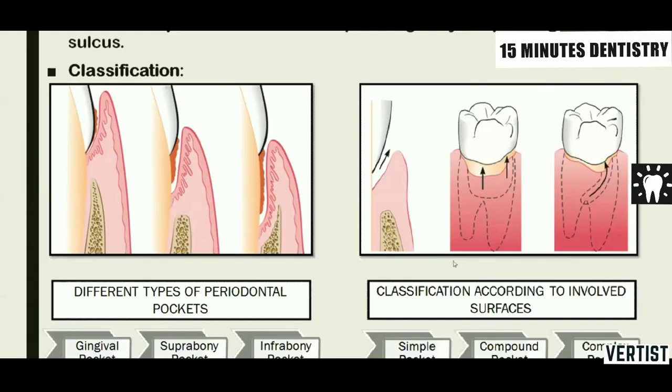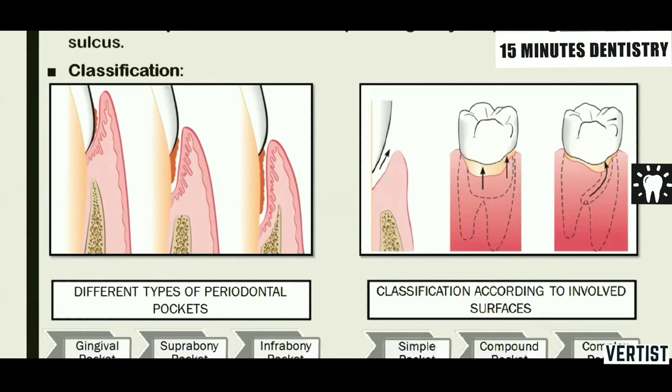Now let us go to the classification according to the surfaces of the periodontal pocket. This is the simple pocket, this is the compound pocket, and this is the complex pocket. In a simple pocket, only one surface of the tooth is involved.